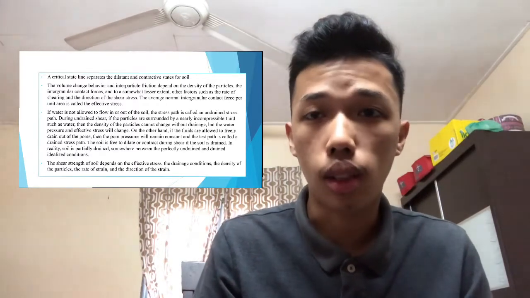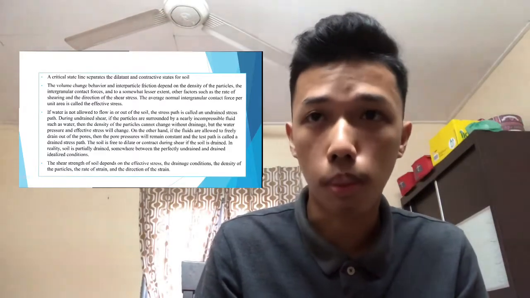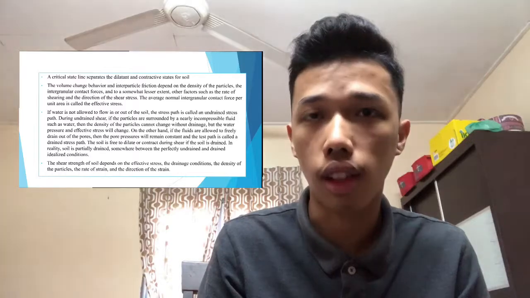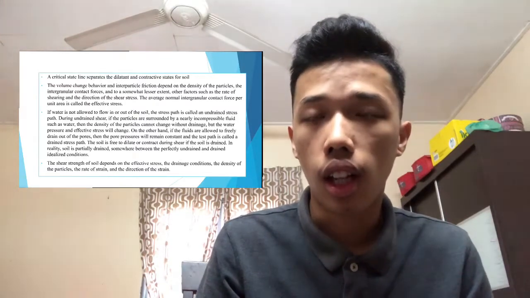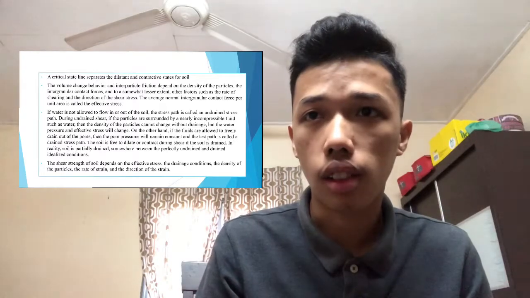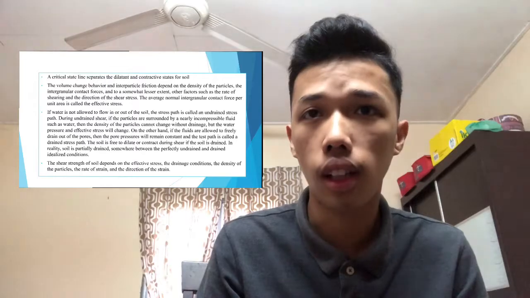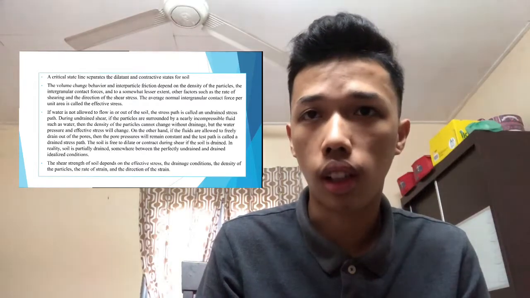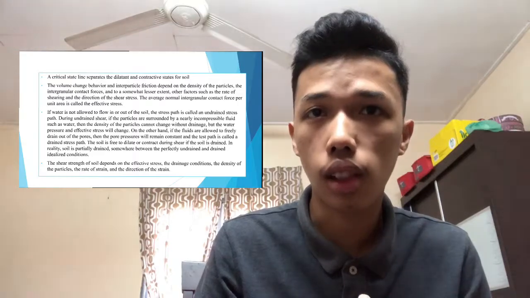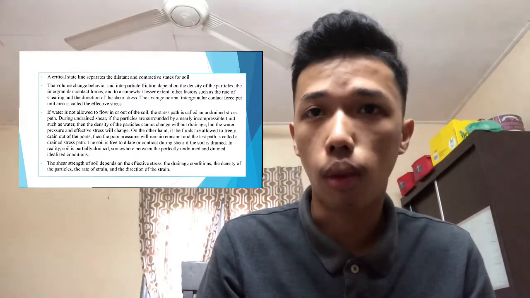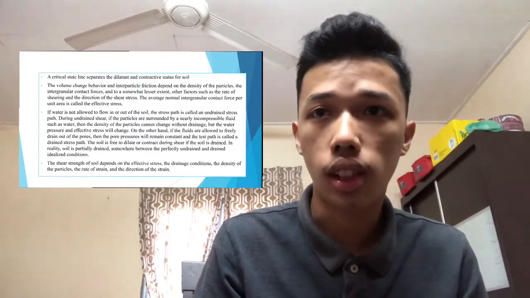If water is not allowed in or out of the soil, the stress path is called an undrained stress path. During undrained shear, if the particles are surrounded by a nearly incompressible fluid such as water, then the density of the particles cannot change without drainage, but the water pressure and effective stress will change.